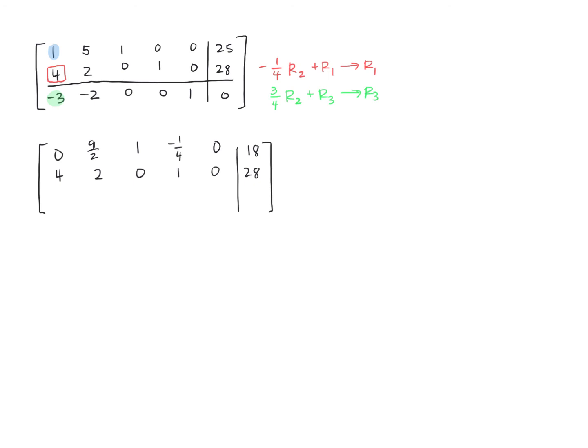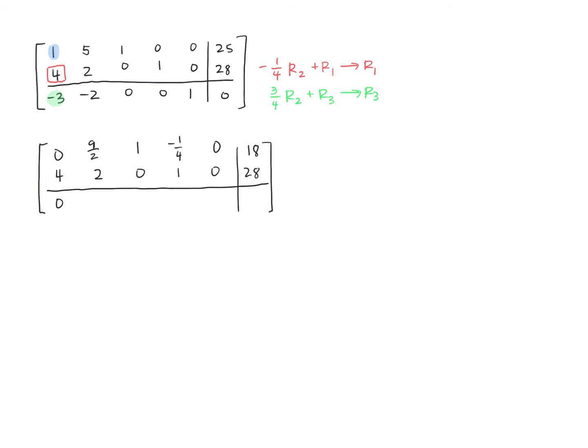So 3/4 times 4 is 3, plus the -3 is 0. 3/4 times 2 is 6/4, which is 3/2.